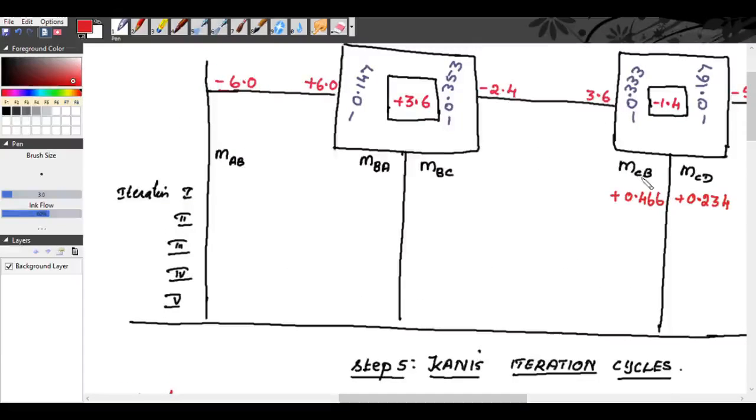Only this will contribute to this joint. Similarly, only BC will be contributing to this joint. Only this rotational contribution will contribute to this joint, and only this factor will contribute to this joint. So this we will not consider. This will not be considered while calculating MCB or MCD etc.